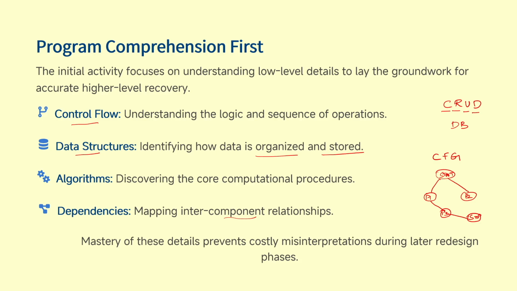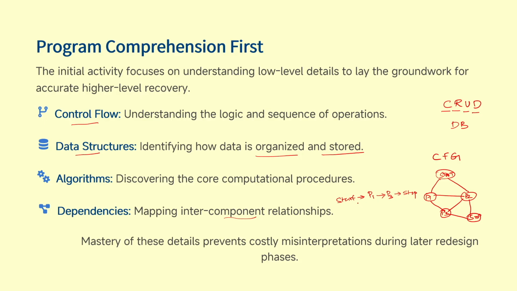I am just trying to draw it randomly. Okay, I have just drawn this. From start to stop there will be many paths. For example, from start it may go to either P1 or P2. From P2 it can go to P3 and stop. Correct?